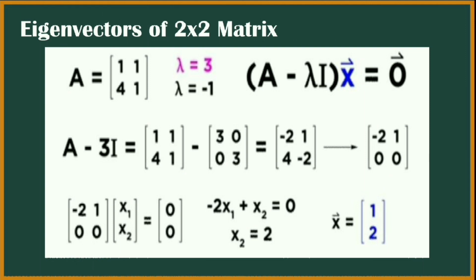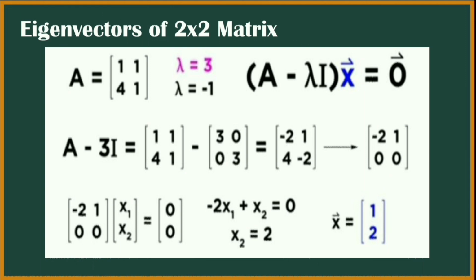So we have A minus 3I, where I is the identity matrix, equals 1, 1, 4, 1 minus 3, 0, 0, 3. So we have negative 2, 1, 4, and negative 2.